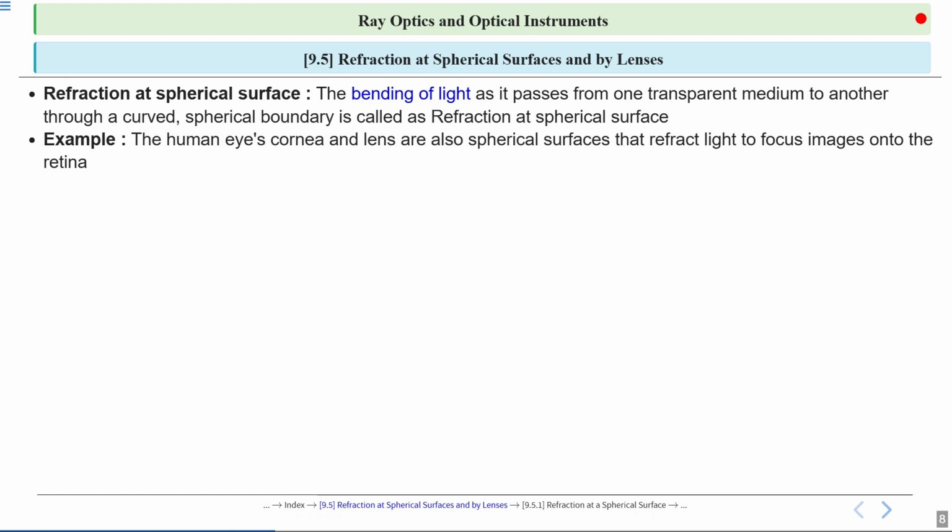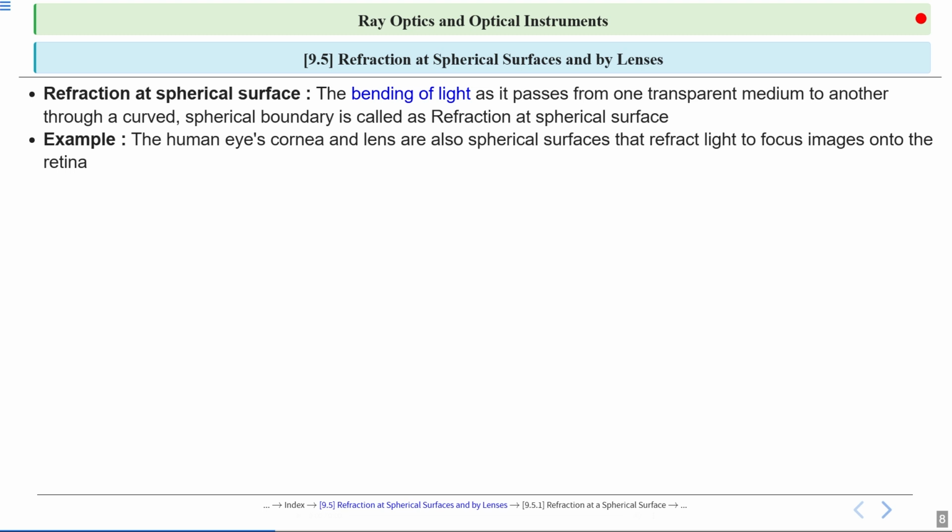So the light falls on the cornea and then the lens. Both surfaces of the lens and cornea are spherical, so the human eye is the example. The cornea and the lens of the eye are spherical and refract light to focus the image onto the retina.